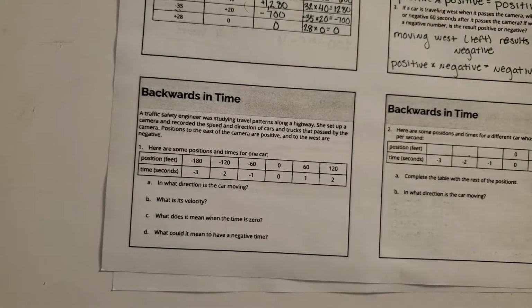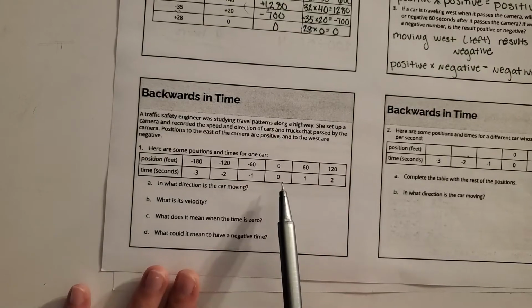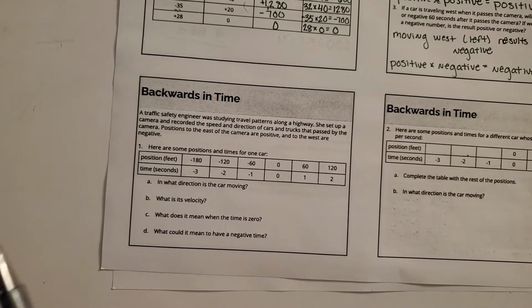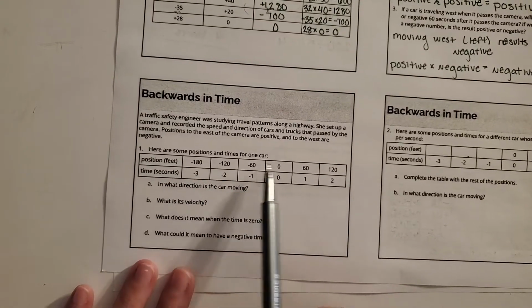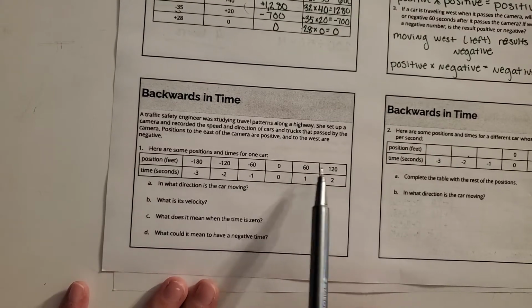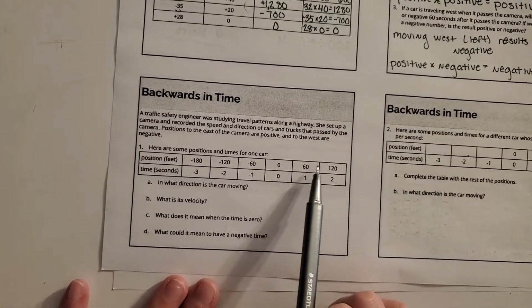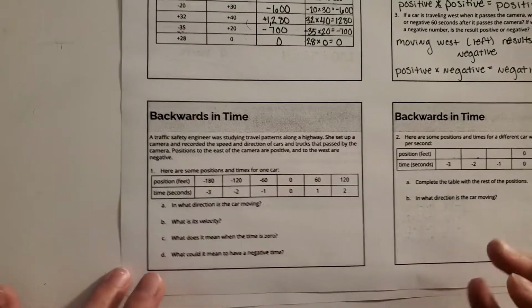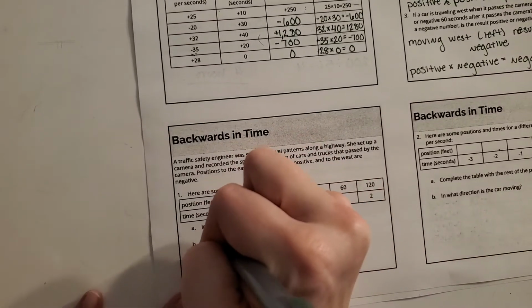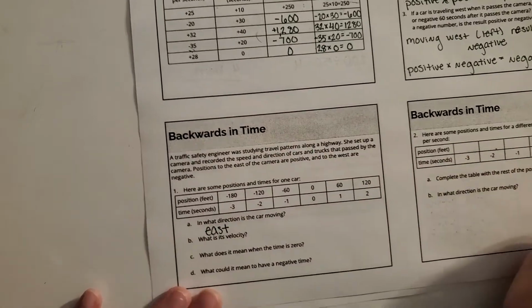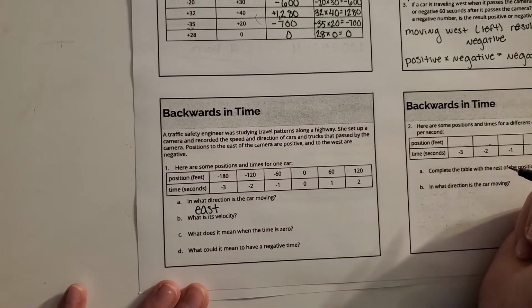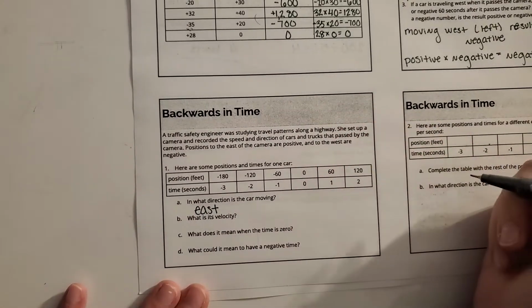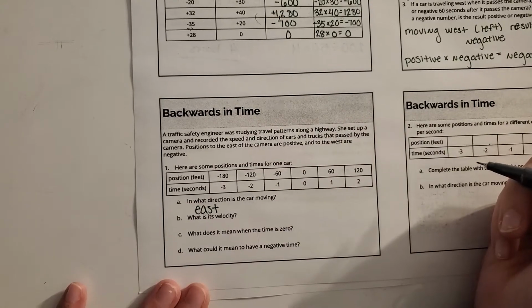All right, so 0 is where our camera is. So after 1 second after the camera, we had a positive number. So this means that the car was moving east. The velocity is the feet per second.